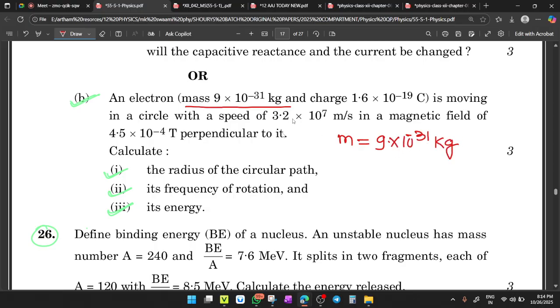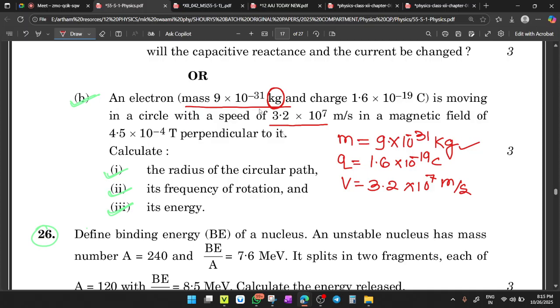Before doing the numerical, you must see that all the units are given in the SI system. Here it is given in kilogram, so it is fine. And the charge on the electron, denoted by Q, is equal to 1.6 into 10 to the power minus 19 coulomb, and it is moving in a circle with a speed of 3.2 into 10 to the power 7 meter per second.